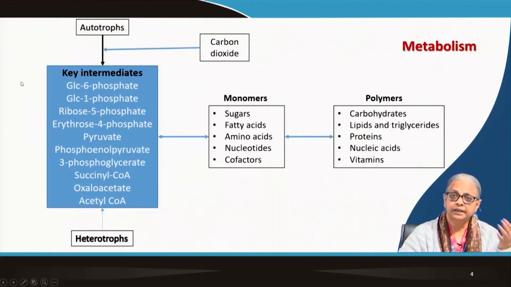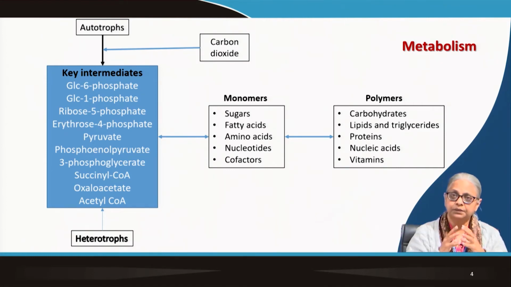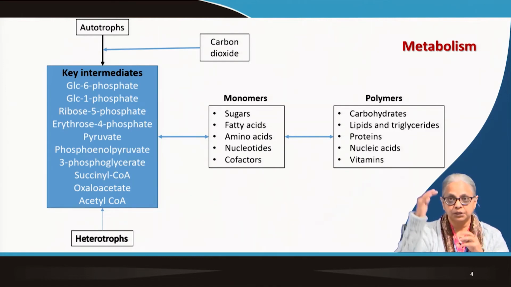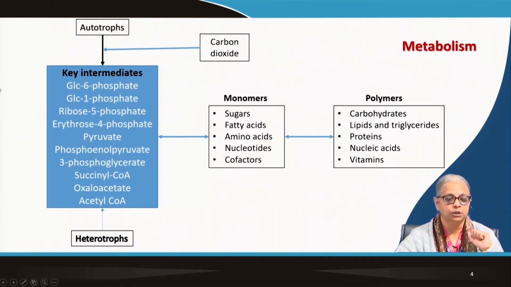Now, as I mentioned, in catabolic and anabolic reactions, there is a breaking down. In the catabolic part, the large molecules are broken down into monomeric units. There are also key intermediates. Nature doesn't spend too much time on creating everything from ground zero. There are key intermediates that are involved in both catabolic as well as anabolic reactions. So they don't have to go down to CO2 all the time. These key intermediates are directly taken into the anabolic reactions after they are generated in catabolic reactions.